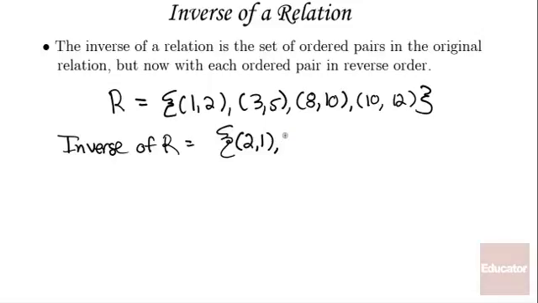For the second pair, 5, 3. The third pair, 10, 8, and so on with 12, 10. So the inverse relation switches the domain and the range.